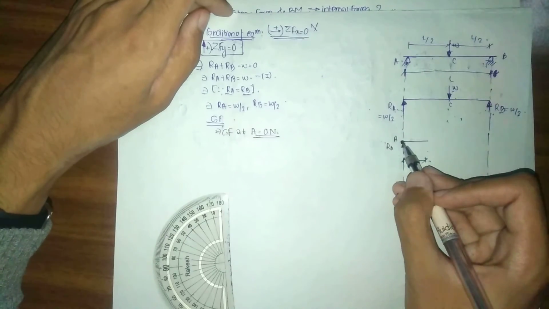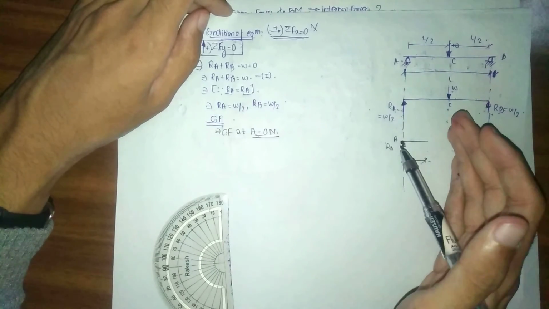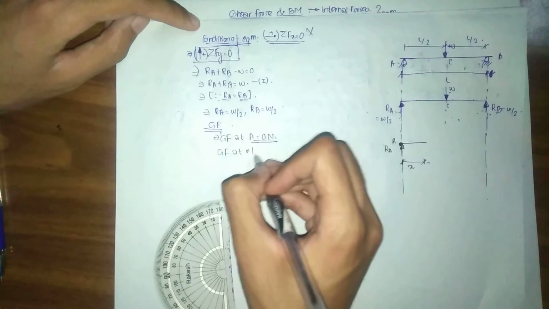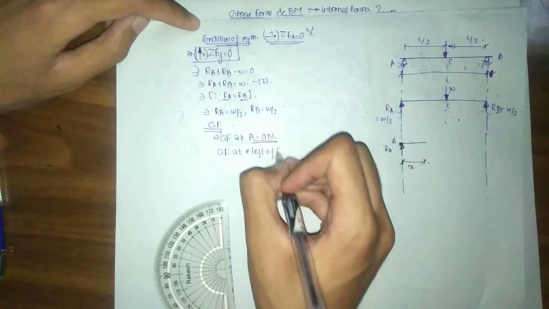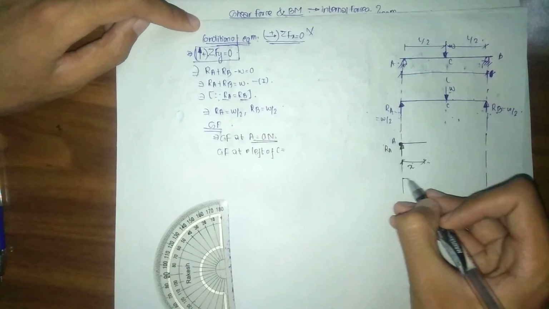So let's say I move a little bit to the right side of A. I'm moving from left to right, and I have moved to the shear force at left of C. I have increased my value of x.